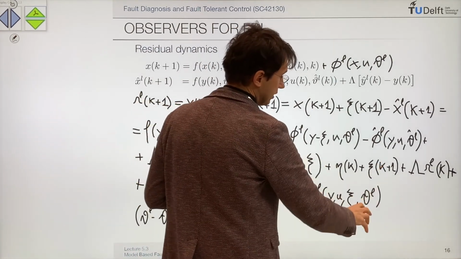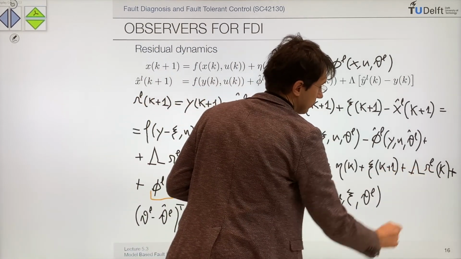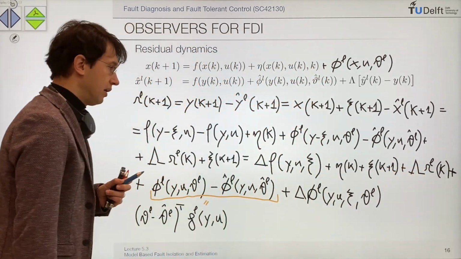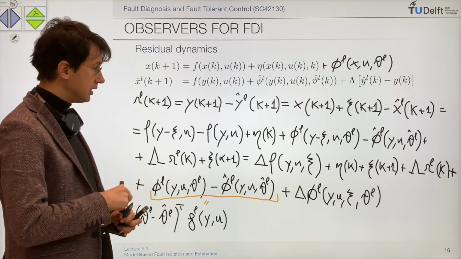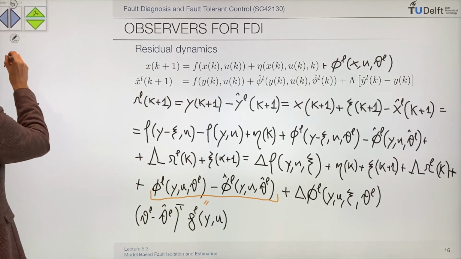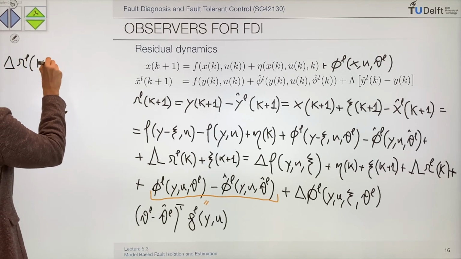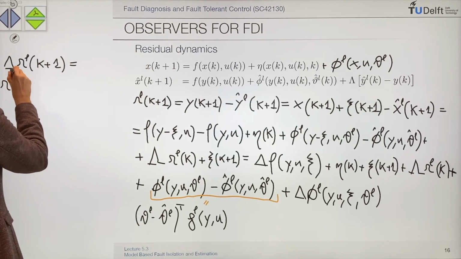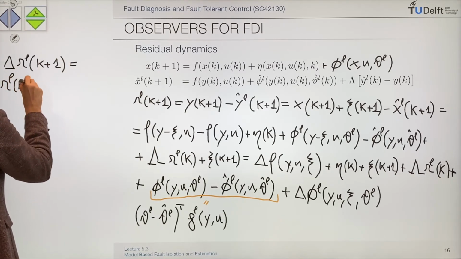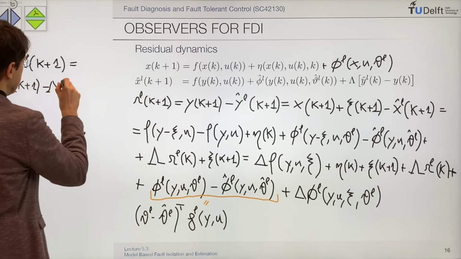And among all these other terms, we have this lambda that multiplies r at time k. So the idea in introducing this delta is that delta r at time k plus 1 is equal to r at time k plus 1 minus lambda r at time k. Now I write it like this for consistency.